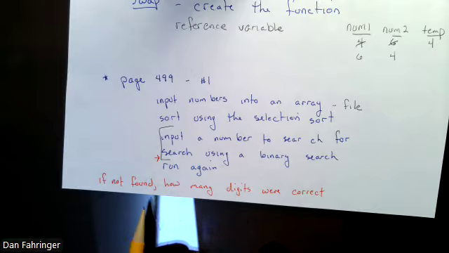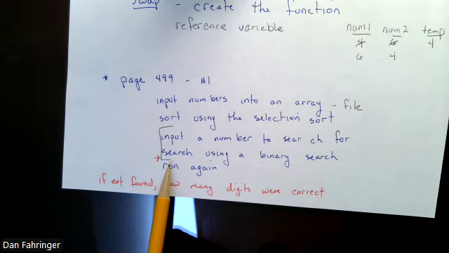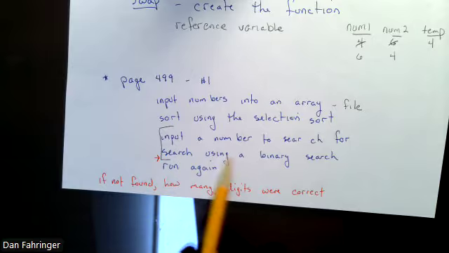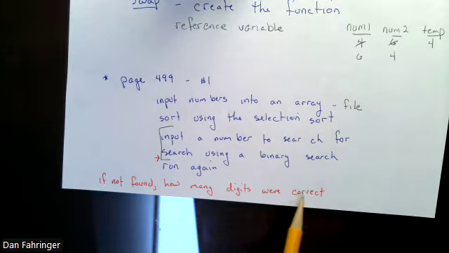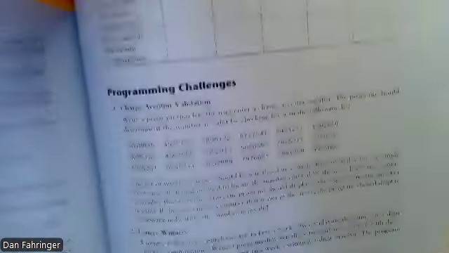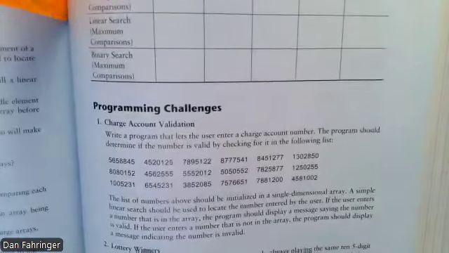If the number is not found, so this search may return a true or false. If the number is not found, how many digits were correct? So we're dealing with 7-digit numbers that are going to be in the file.